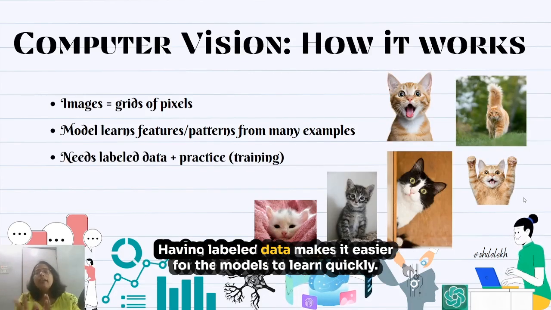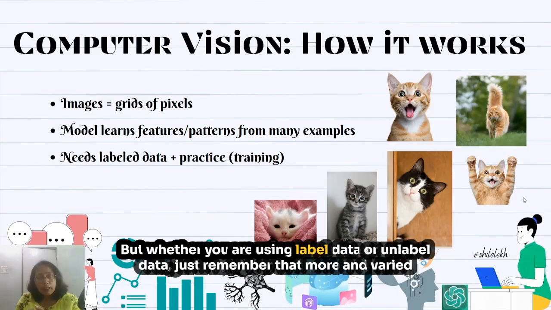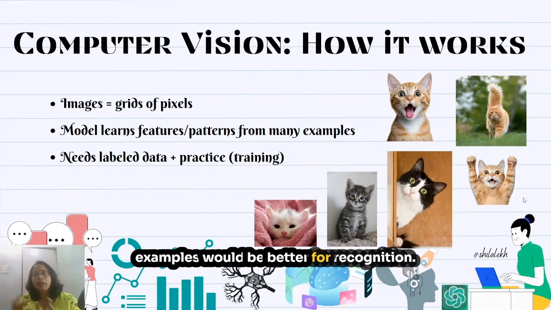Having labeled data makes it easier for the models to learn quickly. With labeled data, the overall image as well as the individual parts may be labeled. But whether you are using labeled data or unlabeled data, just remember that more and varied examples would be better for recognition.